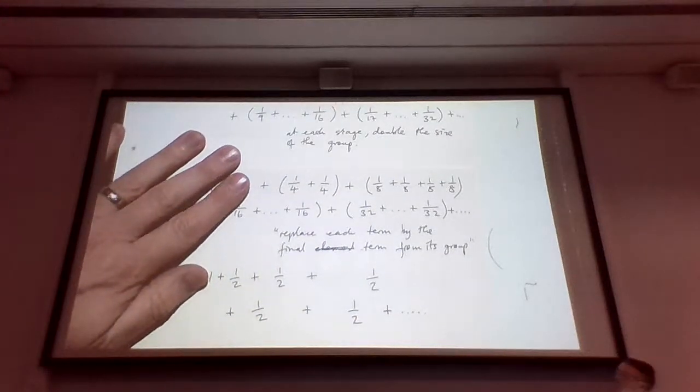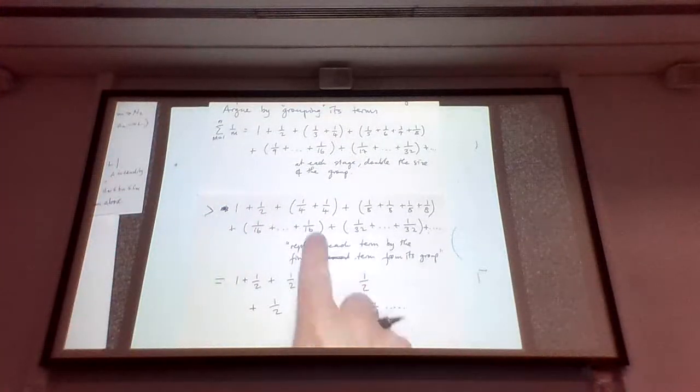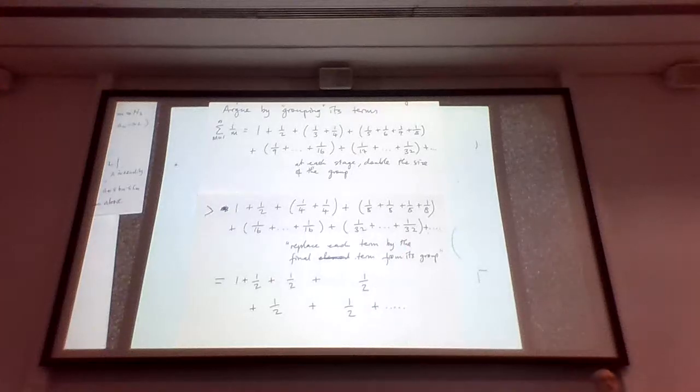So each group in this adjusted sum has value a half. Just simple arithmetic fractions: 2 quarters, 4 eighths, 8 sixteenths, 16 32nds, 32 64ths, 64 128ths, etc.